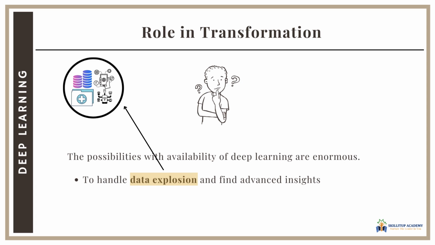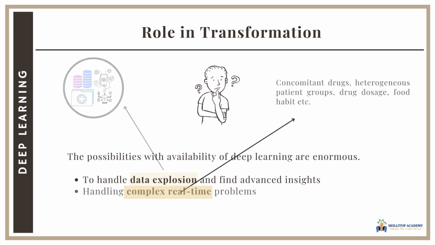Data is exploding everywhere. The same is applicable for drug safety as well. We know there are multiple data sources for adverse events, be it company's database or health authorities' database. Data from social media, electronic health records, and other portals are increasing. Deep learning comes to the rescue as neither human beings nor machine learning can handle this massive amount of data.